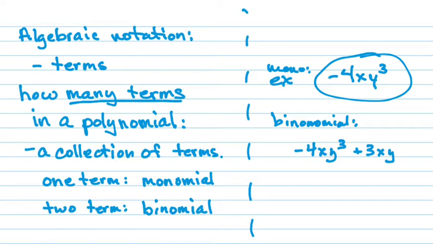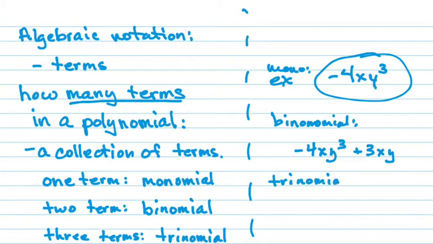Okay? And finally, the only other one that has a special name is when you have 3 terms, and that's called a trinomial. Tri means 3, right? Like tricycle. So we have negative 4xy to the third plus 3xy minus 7. That could be any terms, I'm just making these up, right?